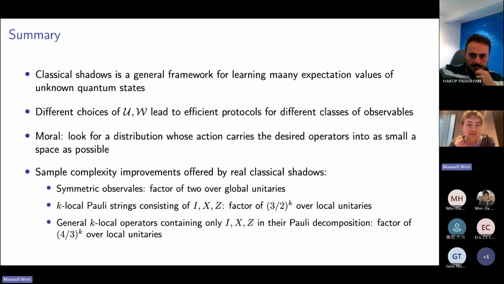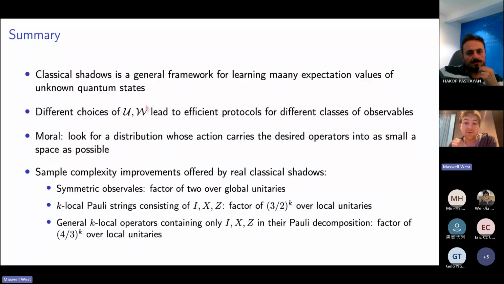Okay, so I guess that's basically the end. Hopefully the moral of the story was conveyed: classical shadows are a general framework that you can instantiate for different purposes with different choices. These choices let you target specific sets of observables and learn them more quickly, at the cost of not being able to learn other ones.